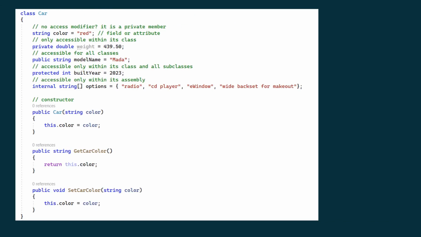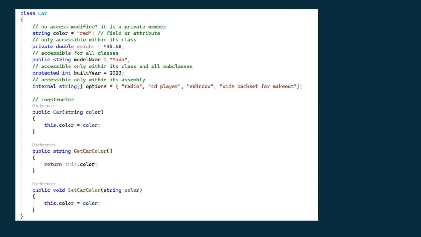So this is an example of a class. A class is a non-primitive type in C#, and also in other object-oriented programming languages. To declare a variable with the type class, you first use the keyword class and then the name of your class.